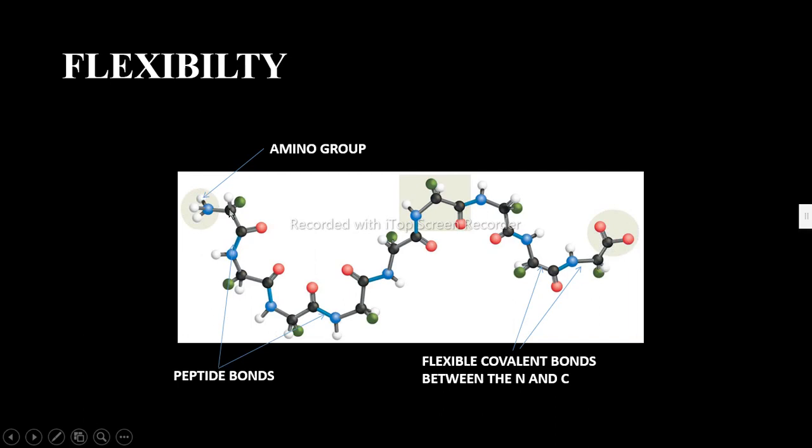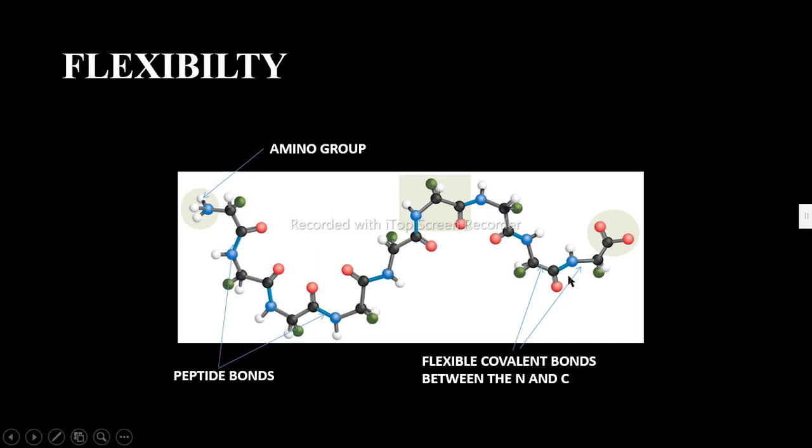So now this is the C, this is the hydrogen, this is the R group. So this is our peptide bond. Our peptide bond. The same. So these peptide bonds are rigid.